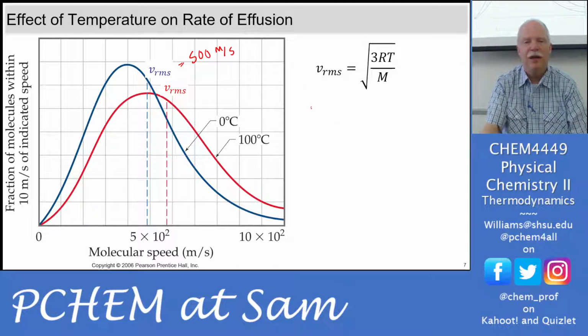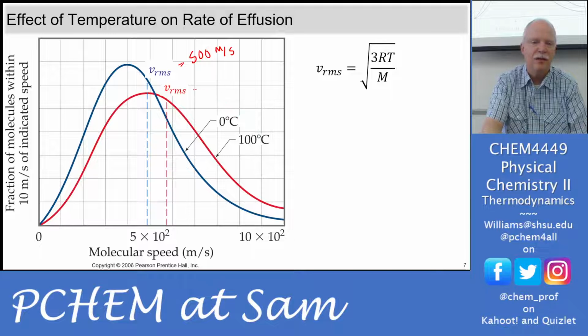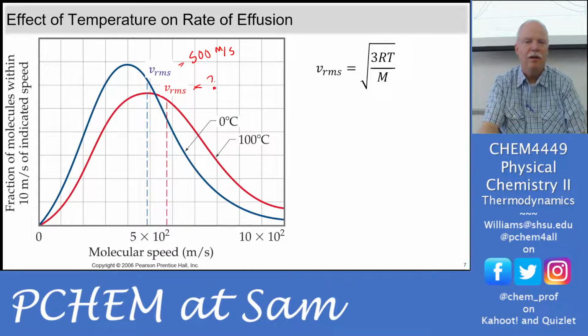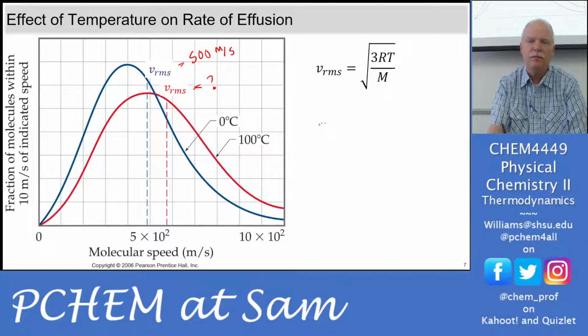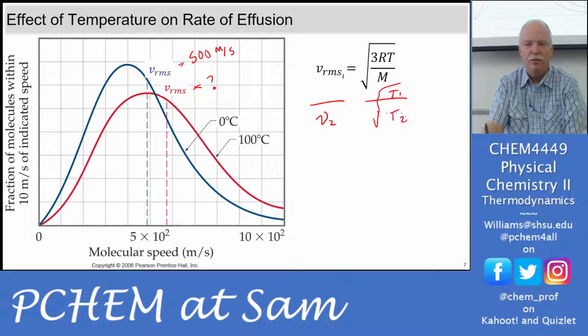So if we have at 0 C 500 meters per second, what is the speed at 100 degrees C? Okay. And so remember, you can always do these kinds of ratio problems. We don't know what gas this is, but we don't need to because we can do ones and twos. So we can do velocity 1 over velocity 2 is proportional to the square root of temperature 1 over temperature 2.